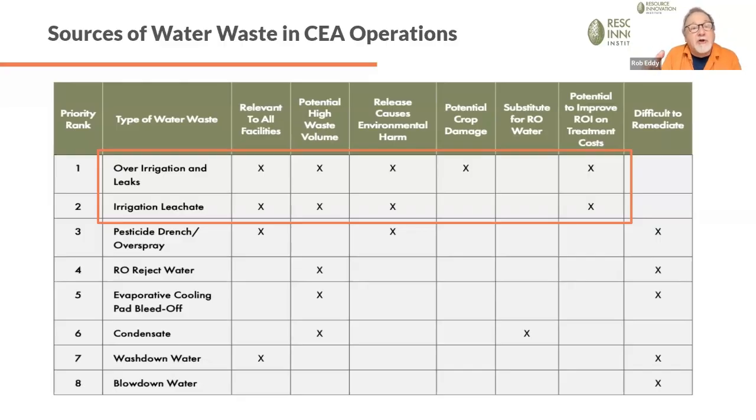They get rewarded. You catch people doing the right thing and say, "That's great, thanks for fixing that leak." That is where anybody can start to reduce water. And then irrigation leachate, what comes out the bottom of the pot, out the bottom of the slabs, recycling that. And then there are others here. I won't go into them, but our expert panelists will. Next slide, please.